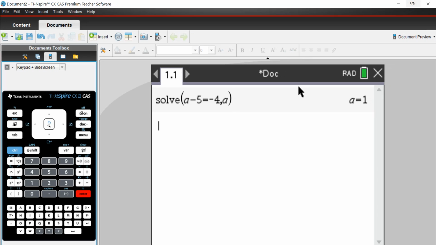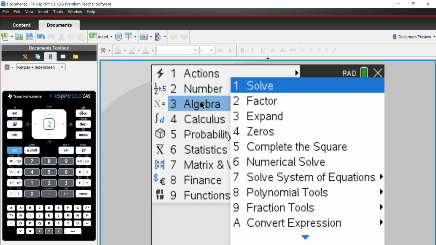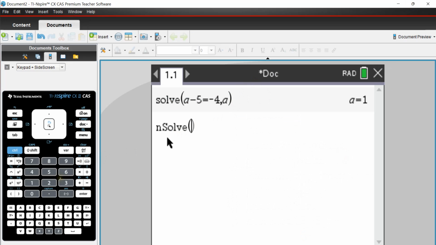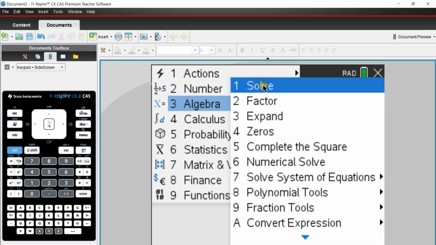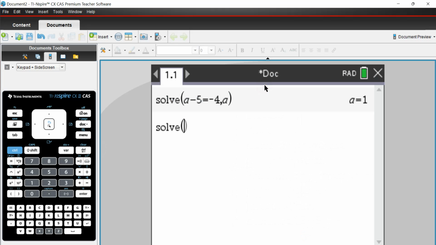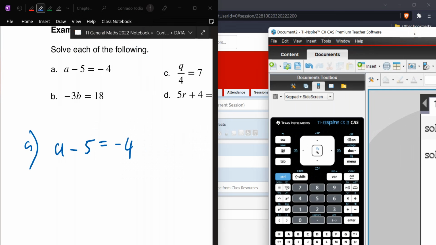All you have to do is on your calculator, press menu, and then you get this menu. Go to algebra, so menu 3, and then use this function called the solve function. Menu, algebra, and then solve. And then you get this. Now, all you have to do is type in that formula.